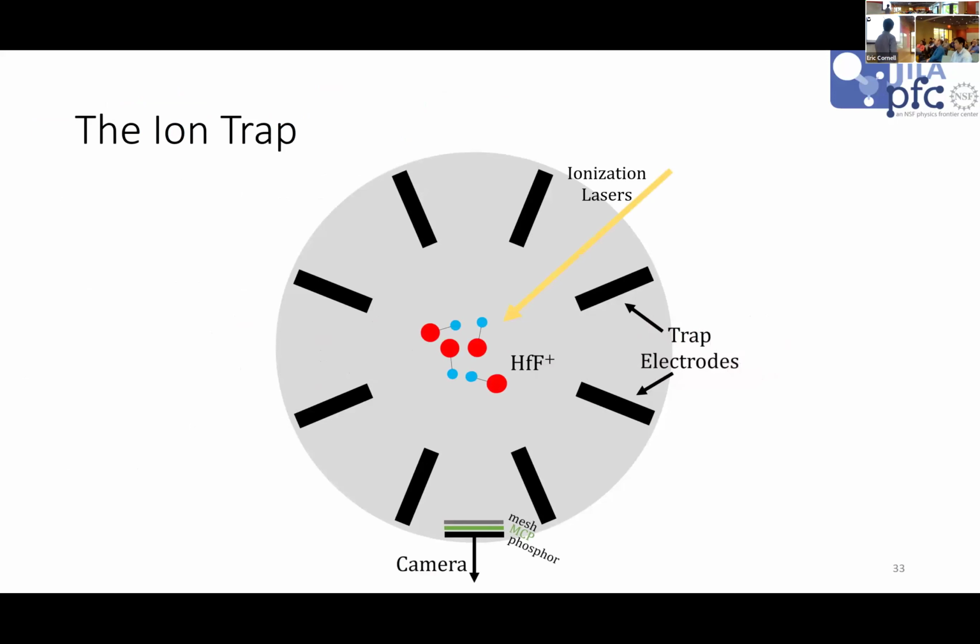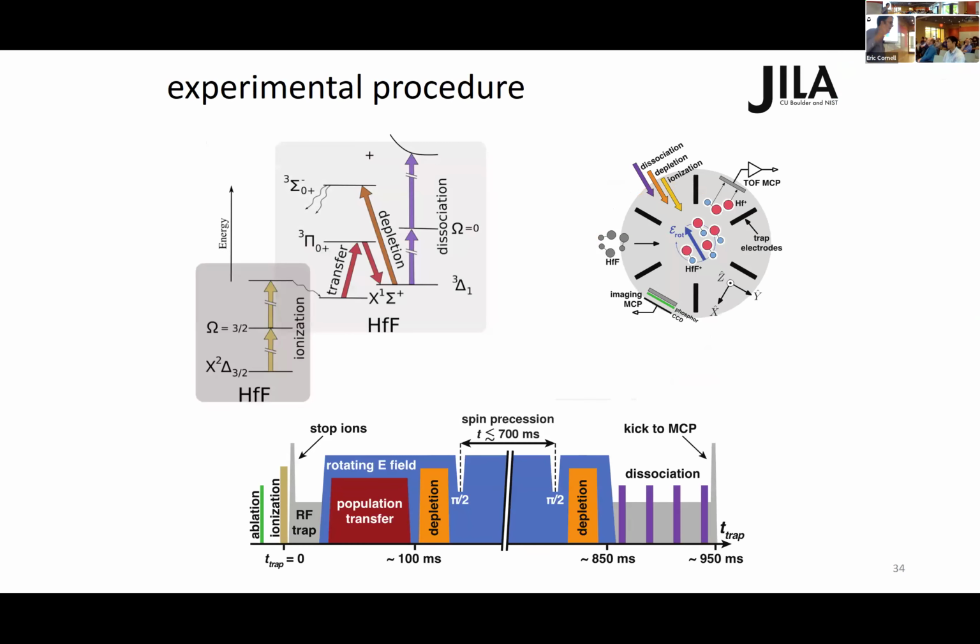We trap them, we turn on the trap. We do a lot of stuff to it. On any given day, we have about 8 tunable lasers for photoionization, for photodissociation, for many internal states of optical pumping.